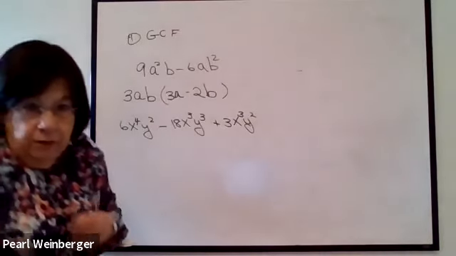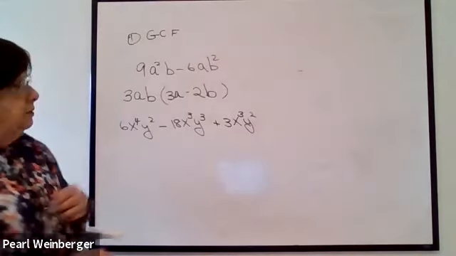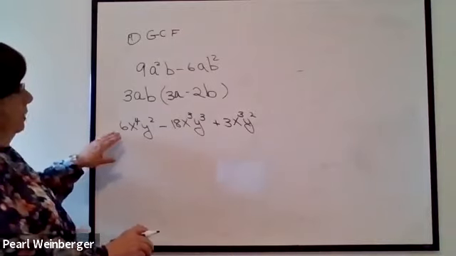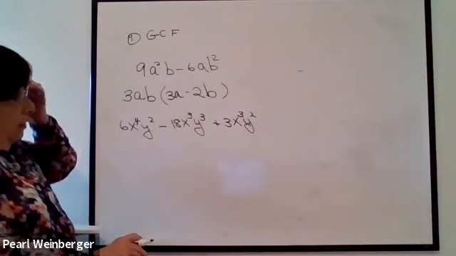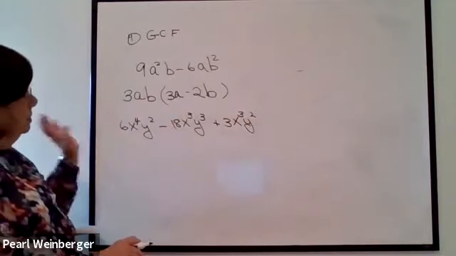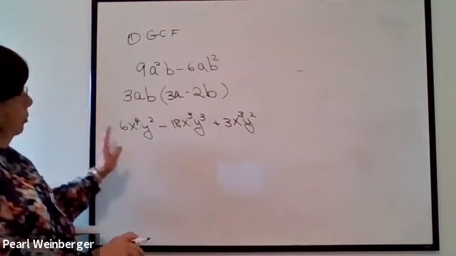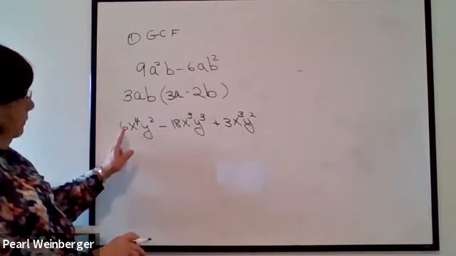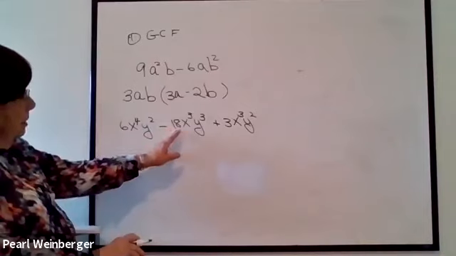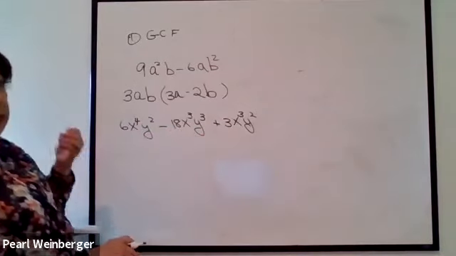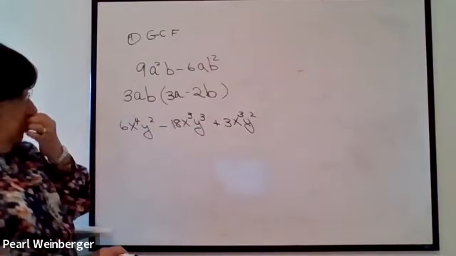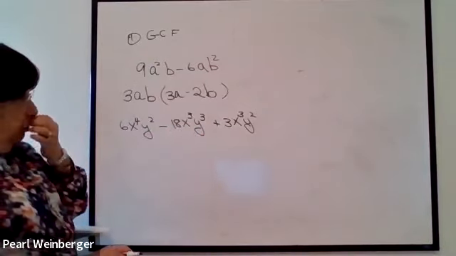Okay, I think we have had enough time to try this. Let's see if we can factor it. Again, even though this is three terms, the idea is the same. We look for a greatest common factor. So I have a 6, an 18, and a 3. The number that goes into all three of it is obviously 3. So I put that down.